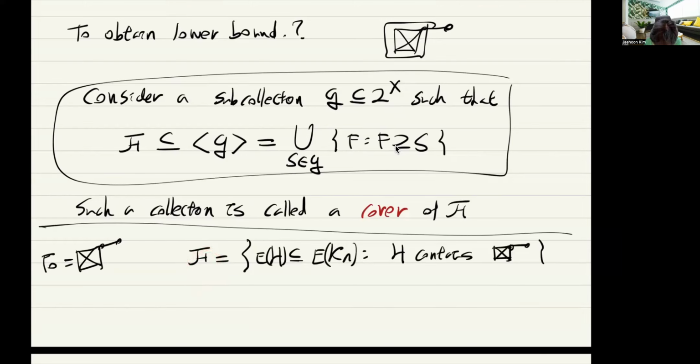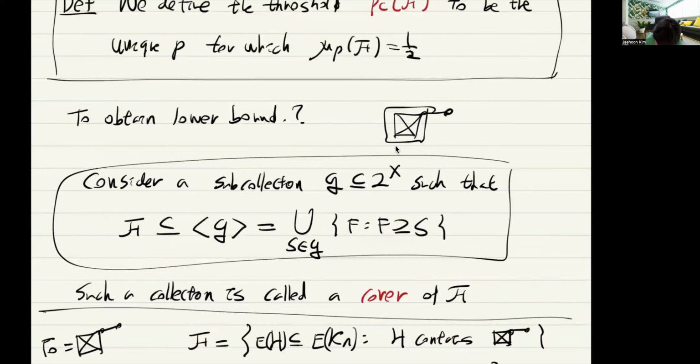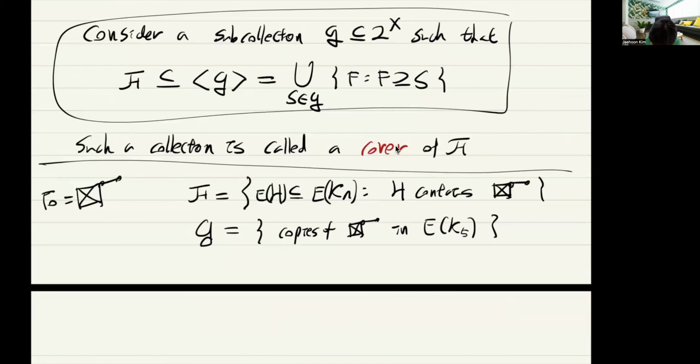Then, how did you find the expectation? The first naive way was that you consider all copies of this F in here. And then for each copy, you compute the probability of it being included in your random graph, and then you add them to get the expectation.